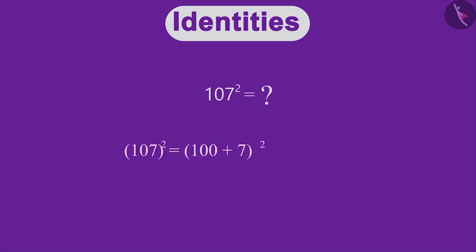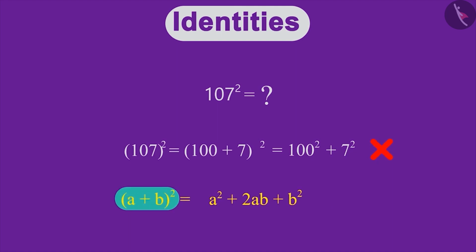We write (100 + 7)² as 100² + 7². But this is incorrect. Remember that it is an identity: (a + b)² is equal to a² + 2ab + b².